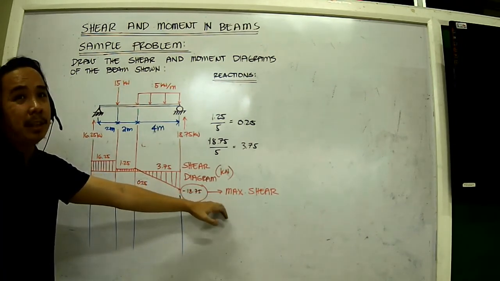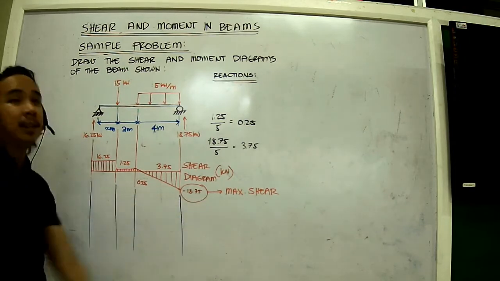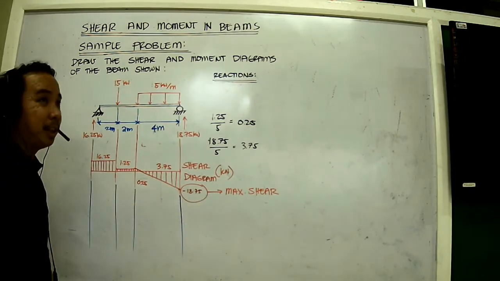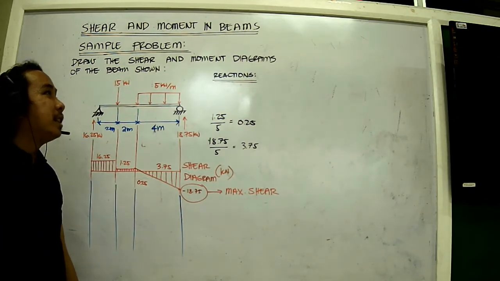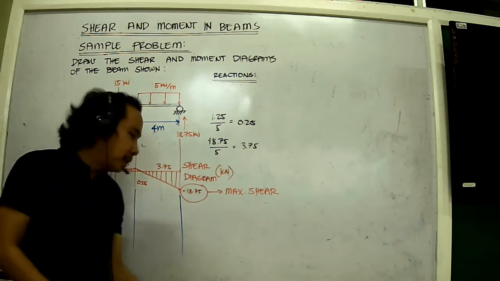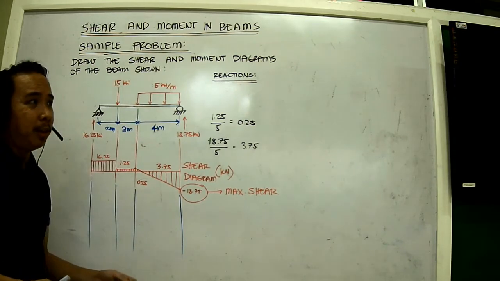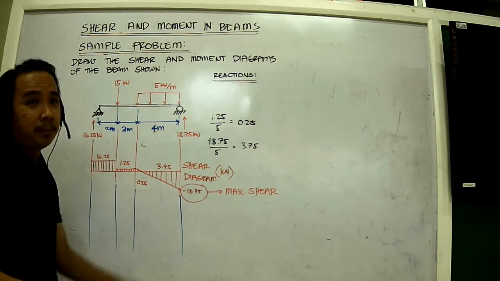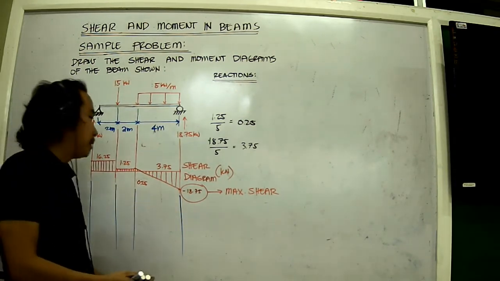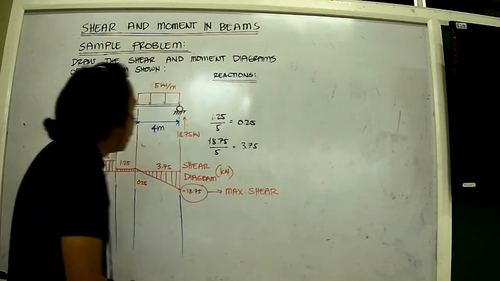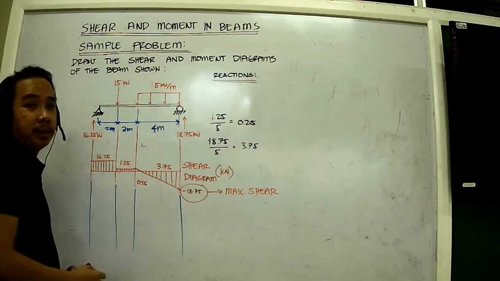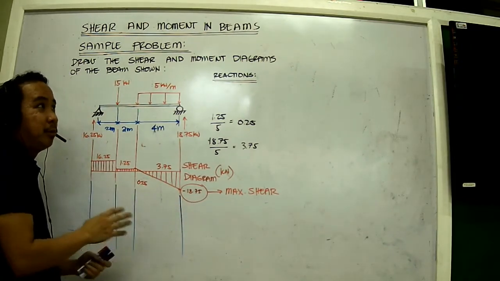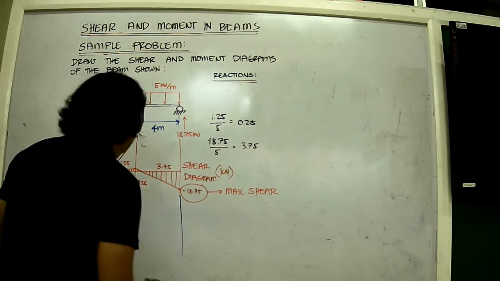Beams are designed accordingly at the supports, where the maximum shear occurs. If the shear is large, you use a bigger beam, or we could reinforce using stirrups if you don't want larger beams. There are a lot of ways, but this is going to be a basis for your design later, when you start on the structural side.